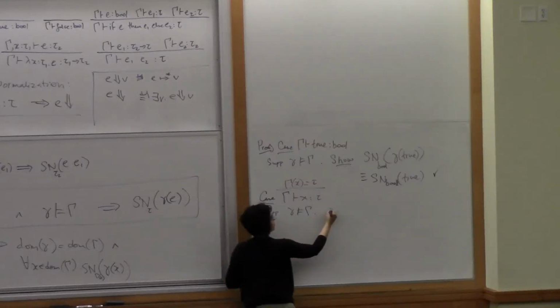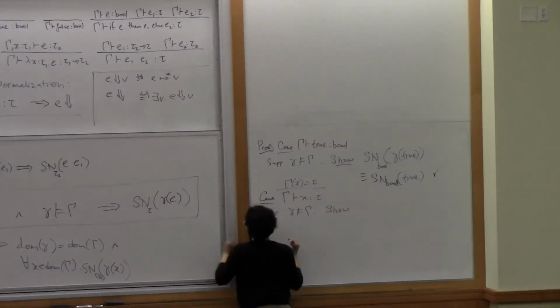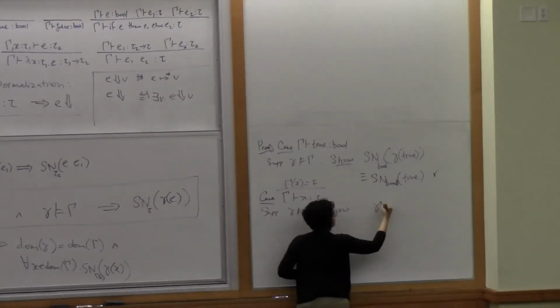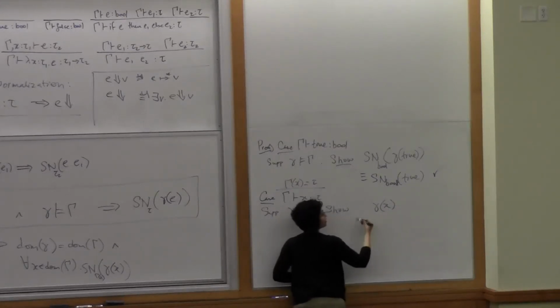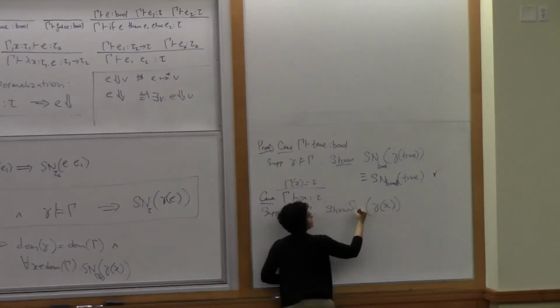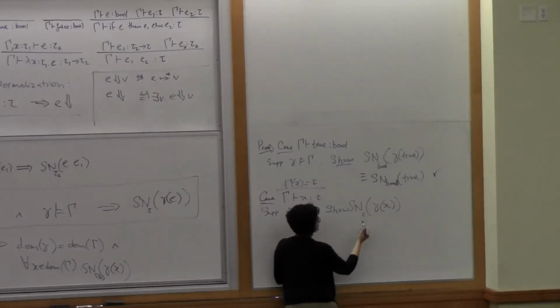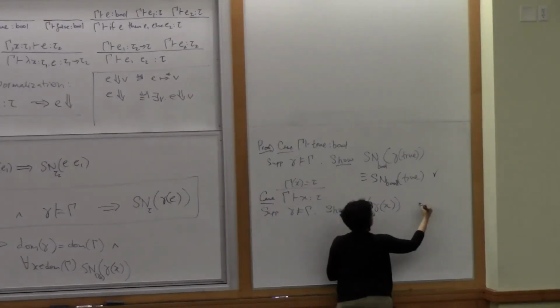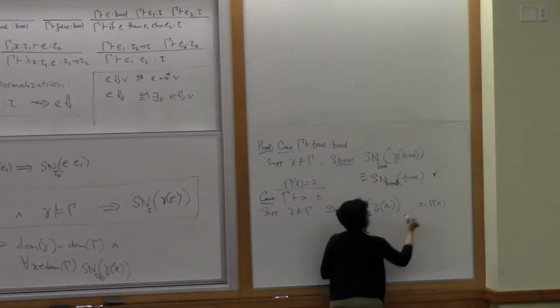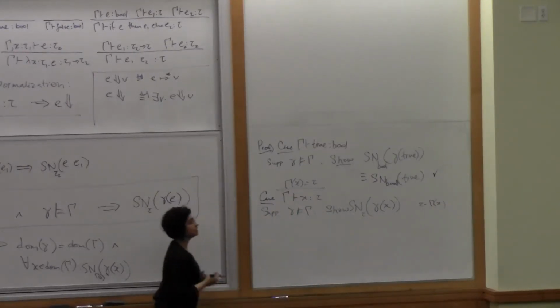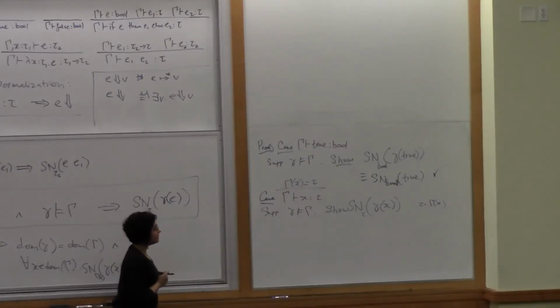We have to show that when we apply the substitution to our expression, which is x, that is strongly normalizing at this type tau, where this tau is gamma x. That's what you can read off here.